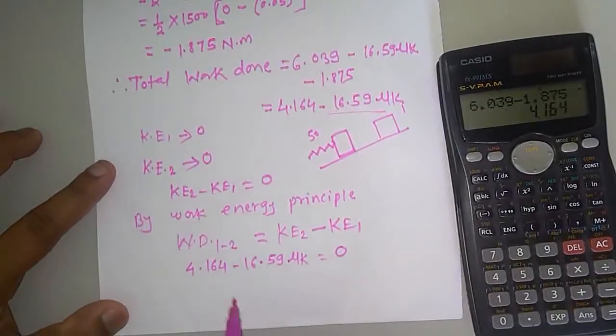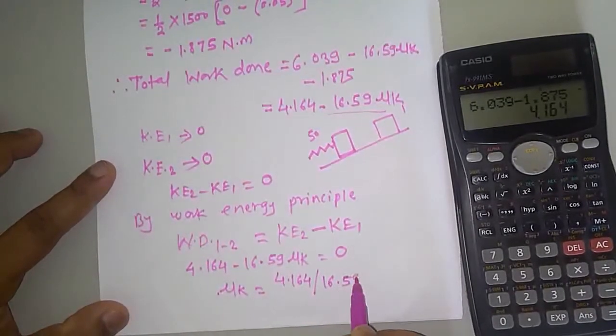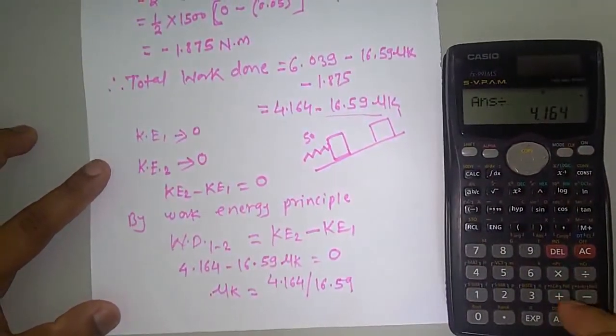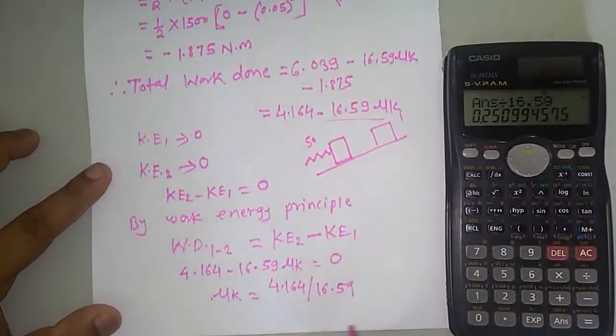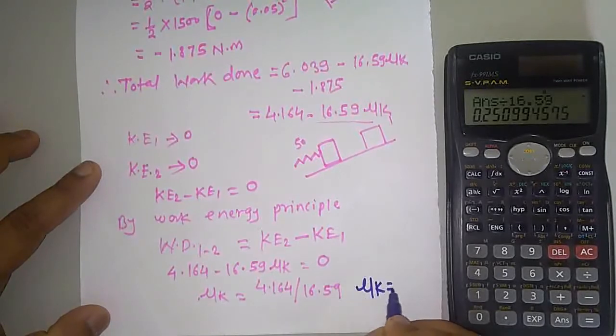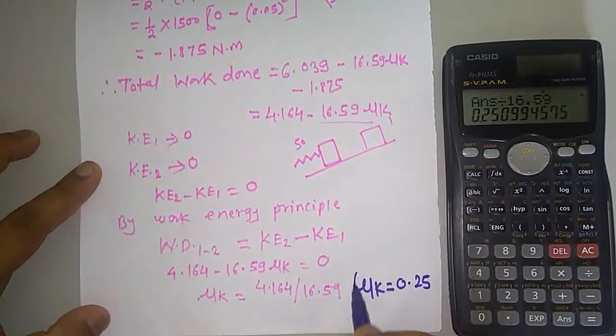So what we'll get here, mu k is equal to 4.164 divided by 16.59. So our second value, that is mu k, we will get 0.25. Mu k is the coefficient of kinetic friction.